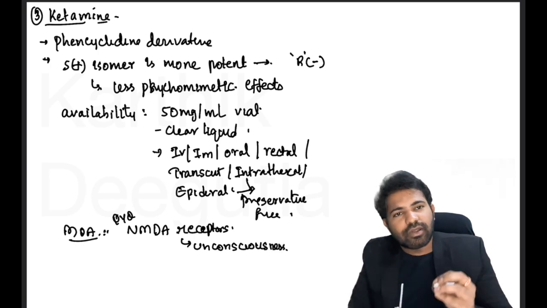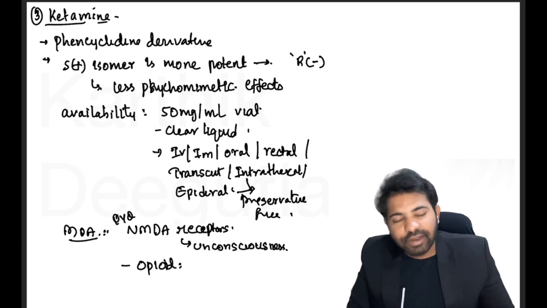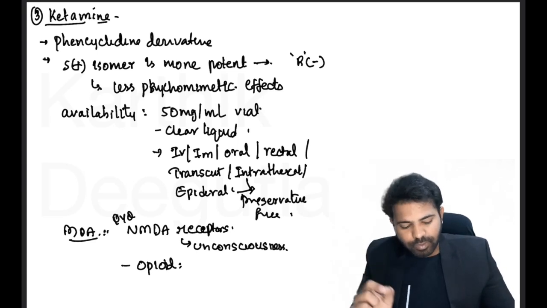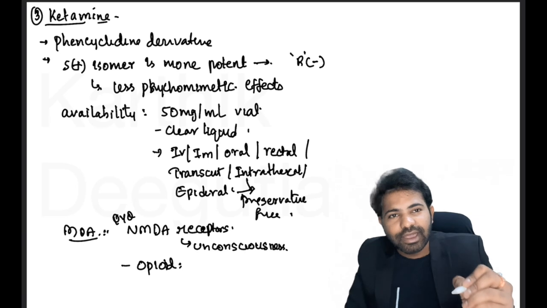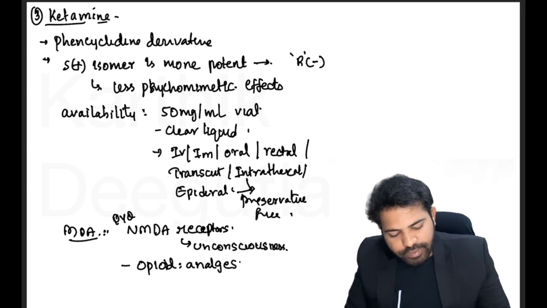It also acts on opioid receptors, and that is why ketamine can also provide analgesia. Unlike propofol, ketamine provides analgesia and hypnosis both, because its action is at NMDA and opioid receptors.